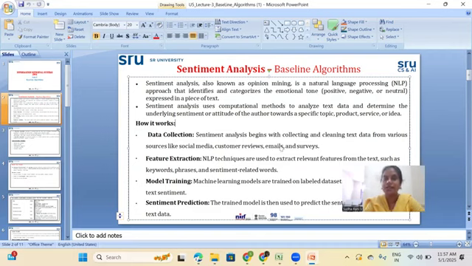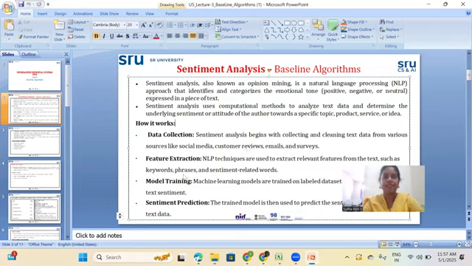All these methods come under cleaning of text. So it performs the cleaning of text, taking data from social media, customer reviews, emails, and surveys.